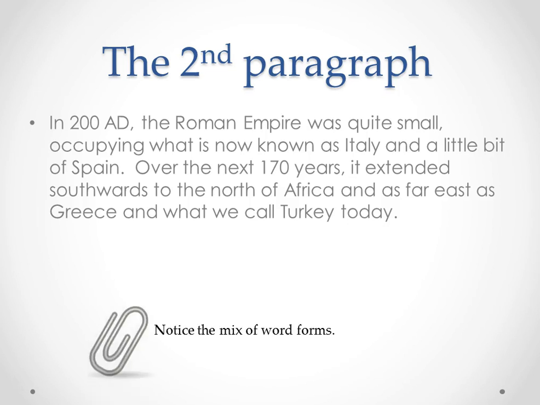I have a hint for you here. Notice the mix of word forms. So we've got occupying, ing, and we've got extended and ed. Now just remember this one for a later paragraph.